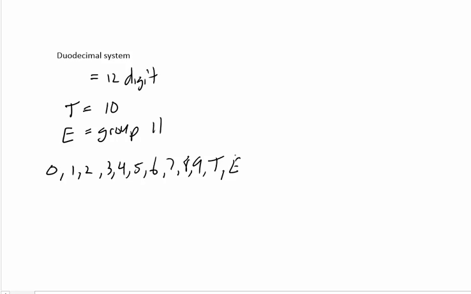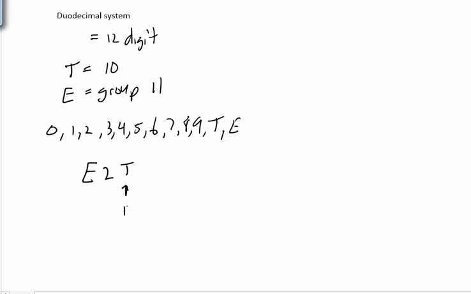So let's look at converting this number from base 12 to base 10. So if I have E2T, what would that translate into? In other words, these are base 12 numbers. So this first position would be 12 to the 0, this would be 12 to the first, and that would be 12 squared.